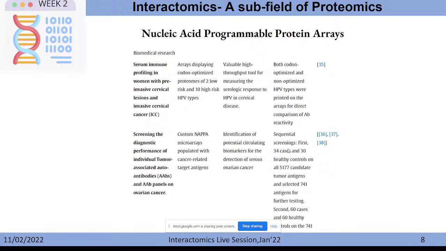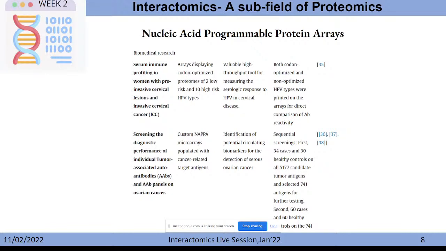Okay, so they have done sequential screenings. First 34 cases and 30 healthy controls on tumors, then 740 for further testing. Second, this is an excellent example of, I think, what you have seen in the lecture, the requirement of testing on different groups and validating your biomarkers.